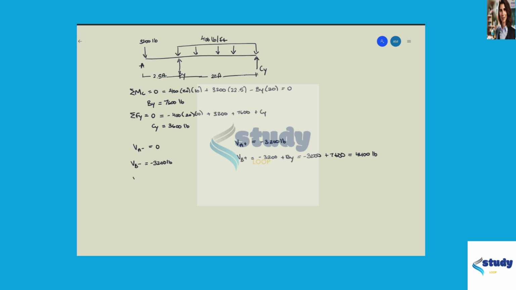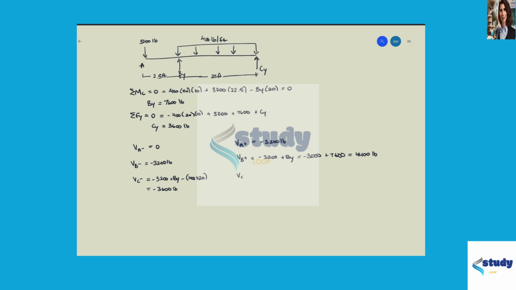Then we have C on the left side. This is negative 3,200 plus B in the y direction minus 400 times 20. Solving for that, we get negative 3,600 pounds.